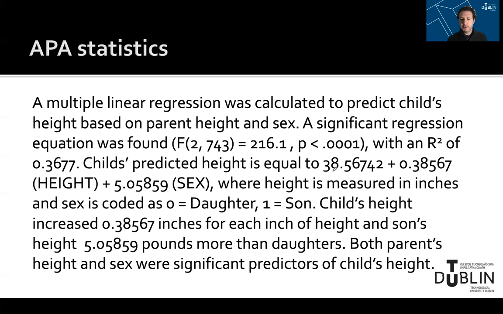And here's our little formula: 38.56742 plus 0.387 times height plus 5.056 times sex, where height is measured in inches and sex is coded as 0 for daughter, 1 for son. Child's height increased 0.385 inches for each inch of the parent's height, and 5 inches for sons compared to daughters.